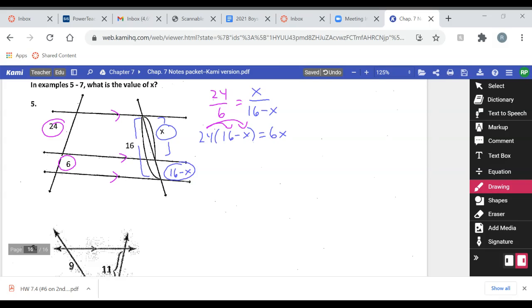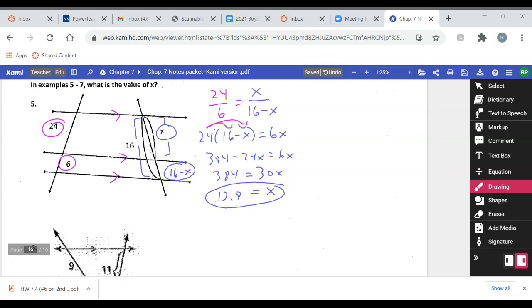And when I do that, I've got 24 times 16 is 384 minus 24x is equal to 6x. If I go and add 24x to both sides, I get 30x. And when I divide by 30 on each side, I get x equals 12.8. So that's one method that I could solve this, but let me show you another option.